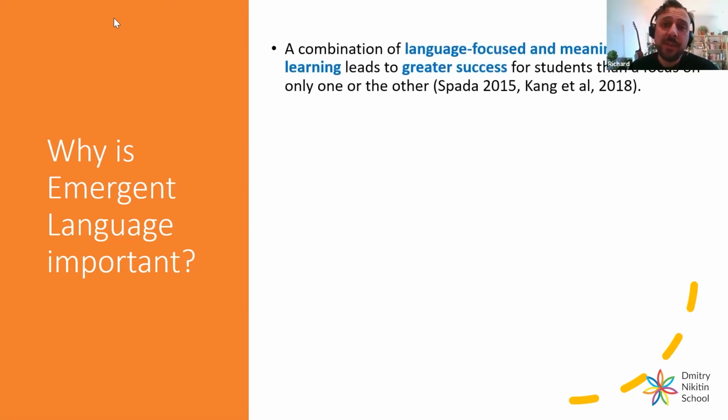And firstly, a huge meta-analysis by Spada and Kang and others has said that looking at language-focused and meaning-focused learning can lead to greater learning. Okay, so their analysis of lots of studies says that if we look at language when it's situated in meaning, this can lead to more learning. Yeah, okay, and from very reputable people.